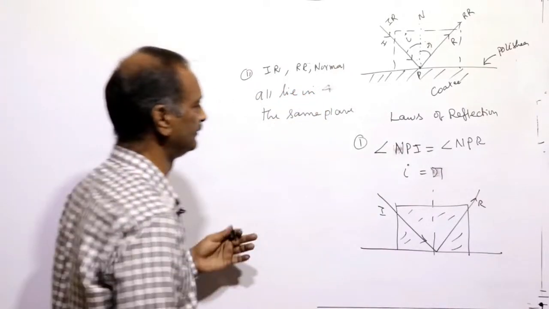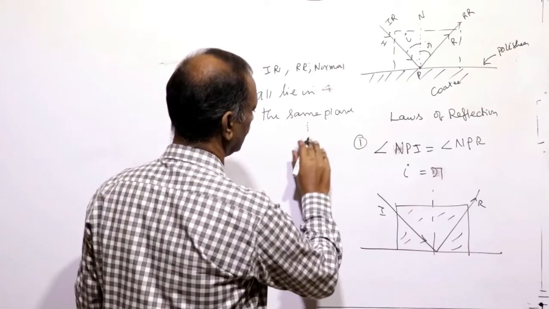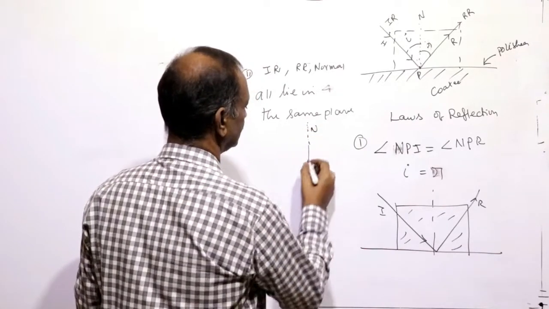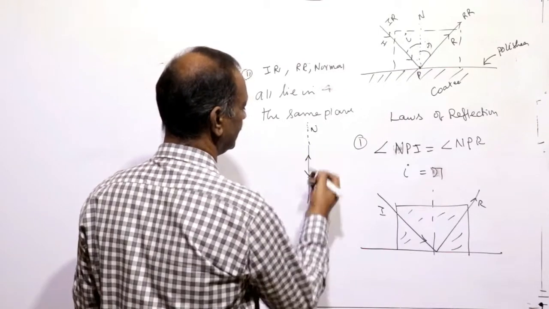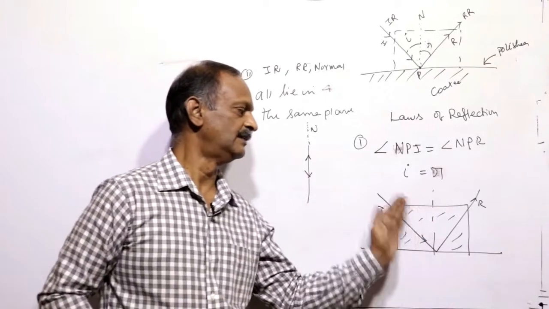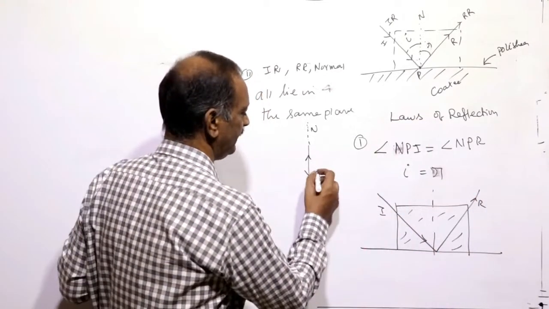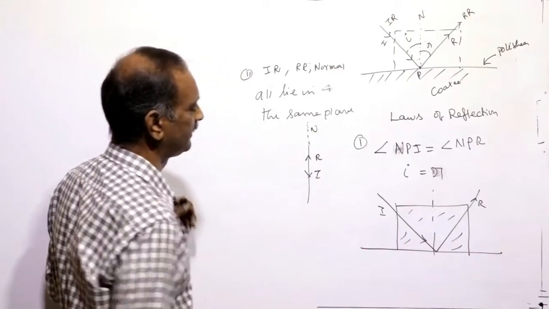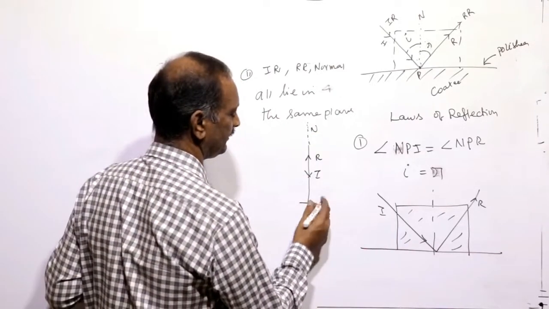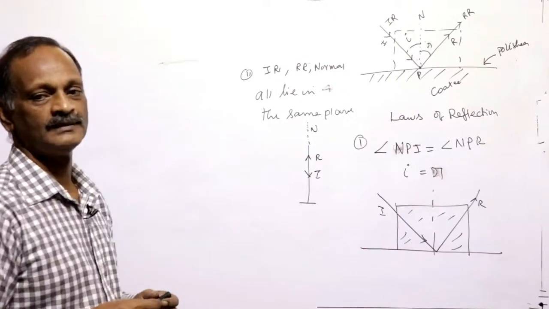This is the normal, this is the incident ray, this is the reflected ray, and this is the surface. Okay, so this is all about the second law.